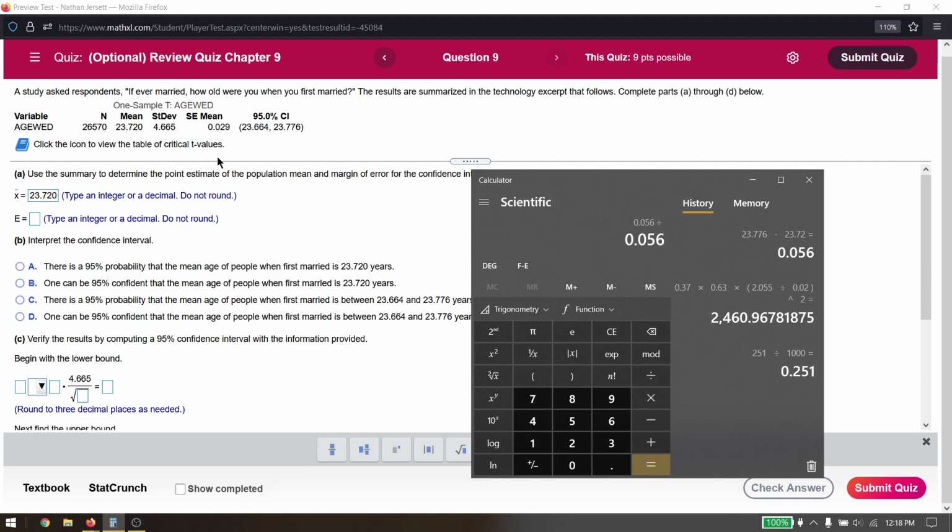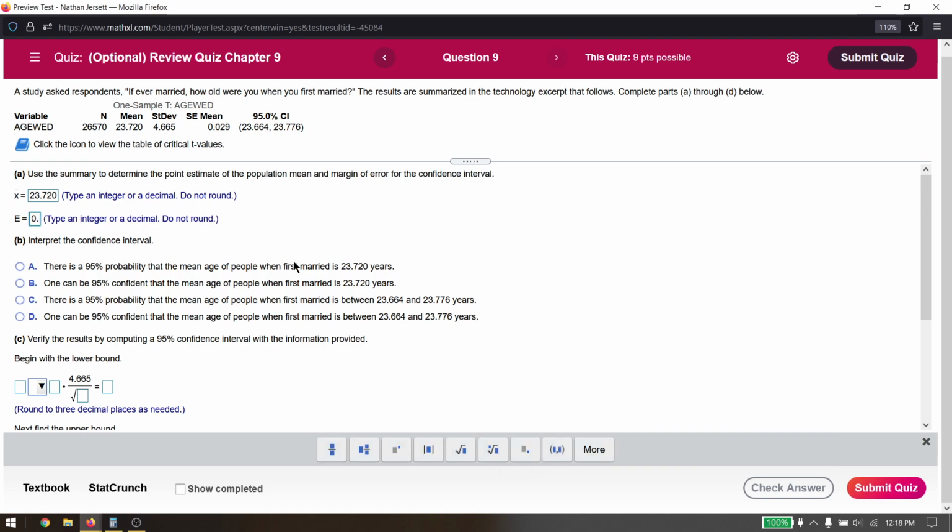That's 0.056. All you really need to do is take the upper limit and subtract the mean. That gives you your error, which was 0.056.